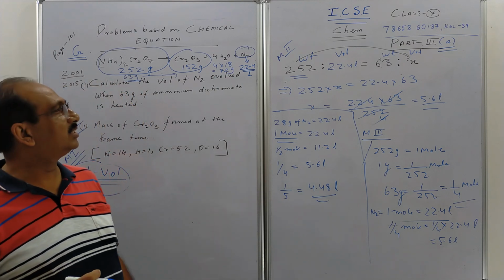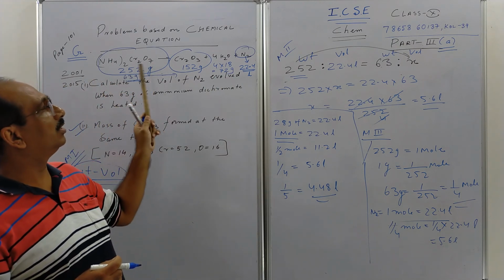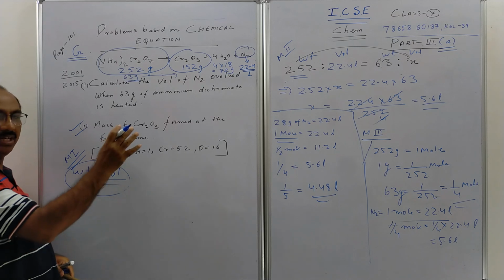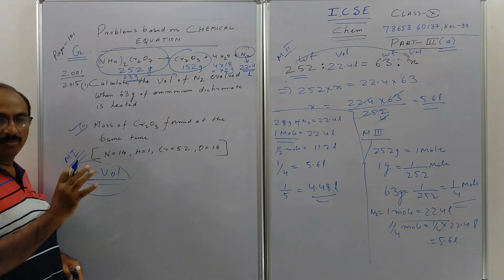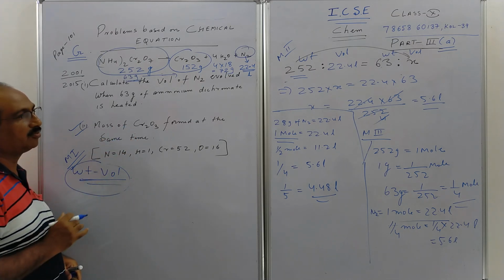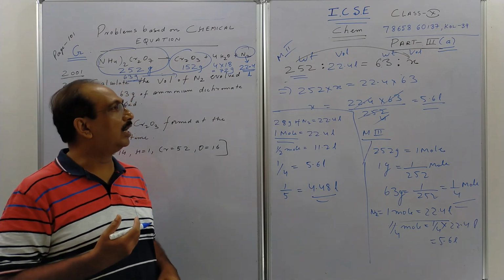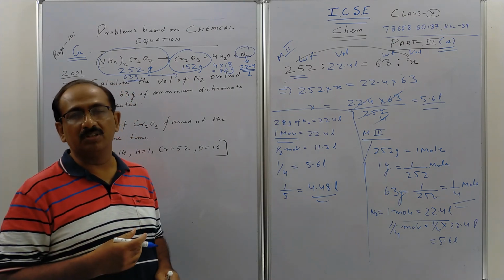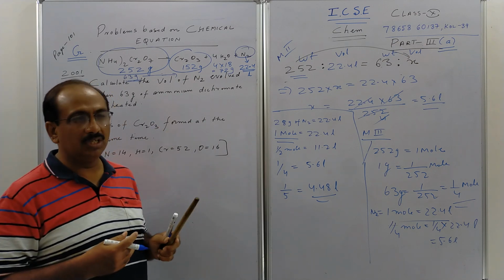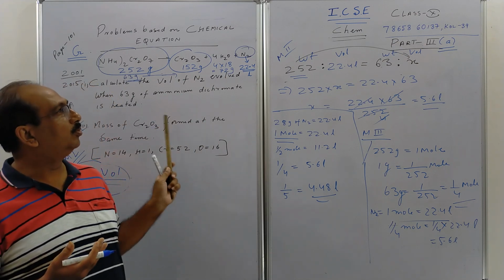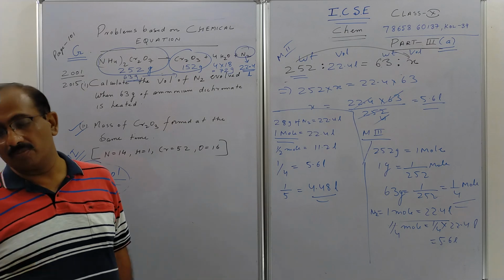So this was a basic question we have learned on the chemical equation. What is weight, I have shown you in the beginning part of the video, and this is weight volume, children. We will do more sums. Part 3b and part 3c will follow, where we will see how we do problems based on the chemical equation.